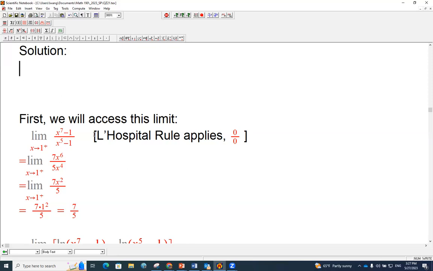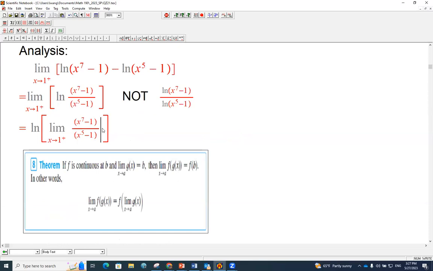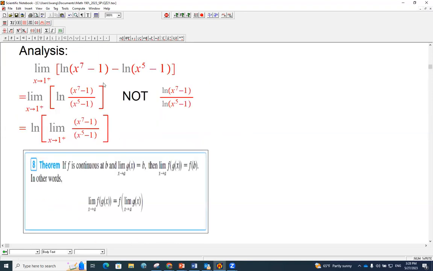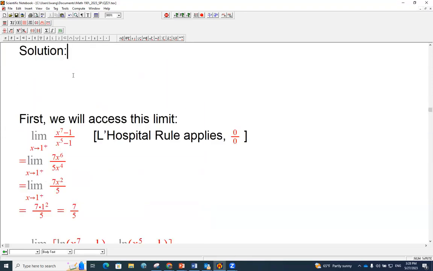The first thing we do is prove the limit inside exists when we present the solution.